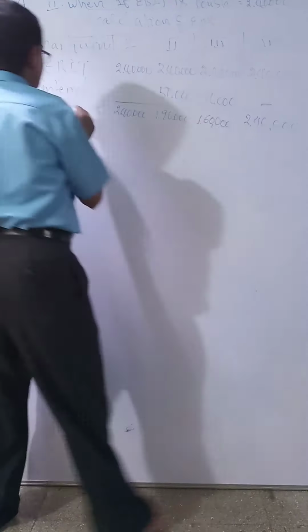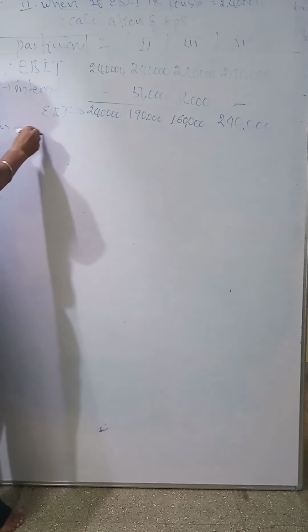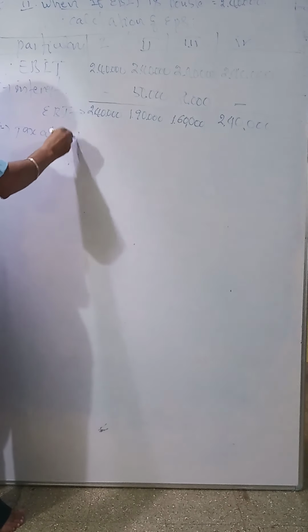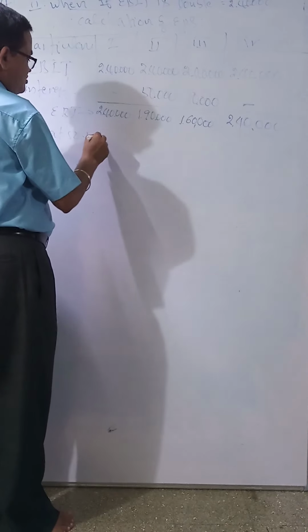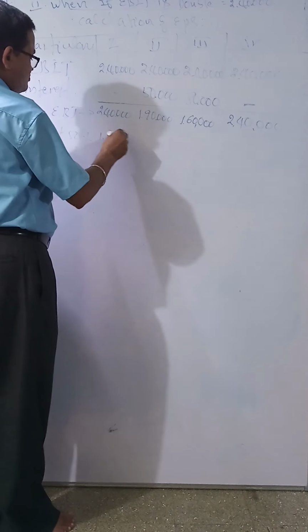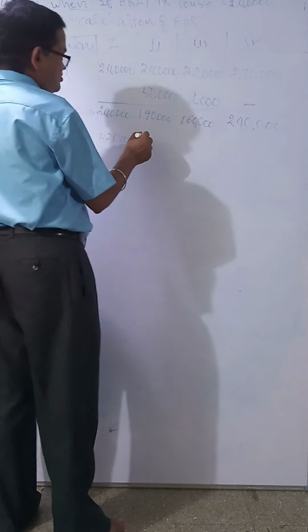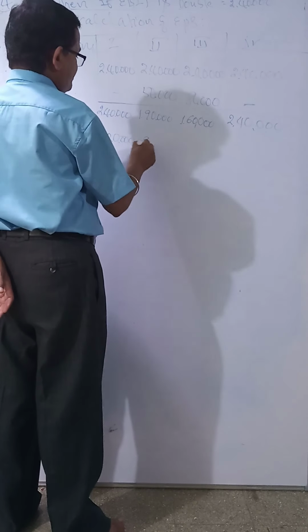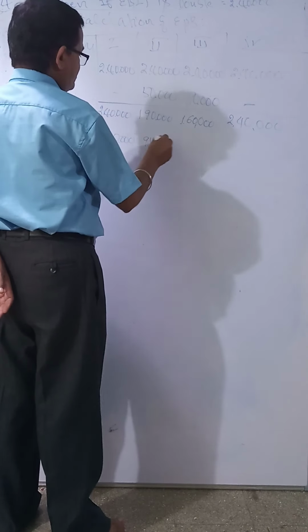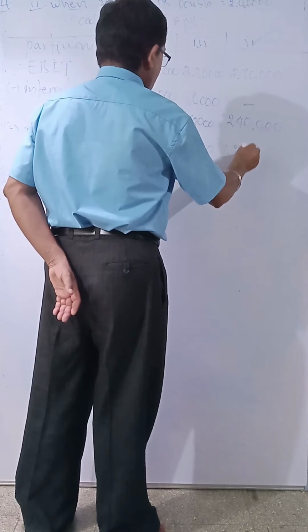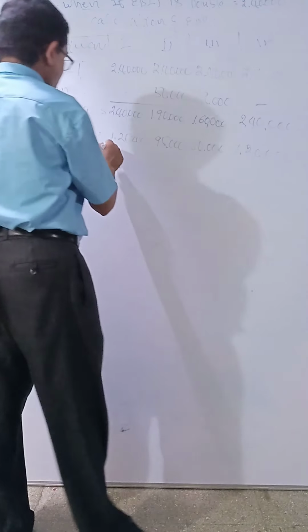Then less tax at 50%. Half of this, 1,20,000. Half of this, 95,000. Half of this, 80,000. Half of this, 1,20,000.